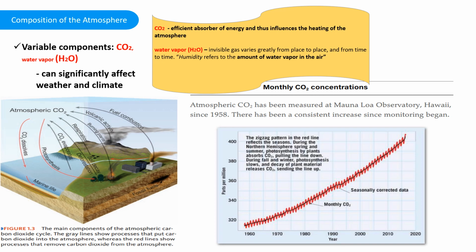And aside from the carbon dioxide, we also have the water vapor. Water vapor, or the invisible gas, varies greatly from place to place and from time to time. This water vapor is measured through humidity.